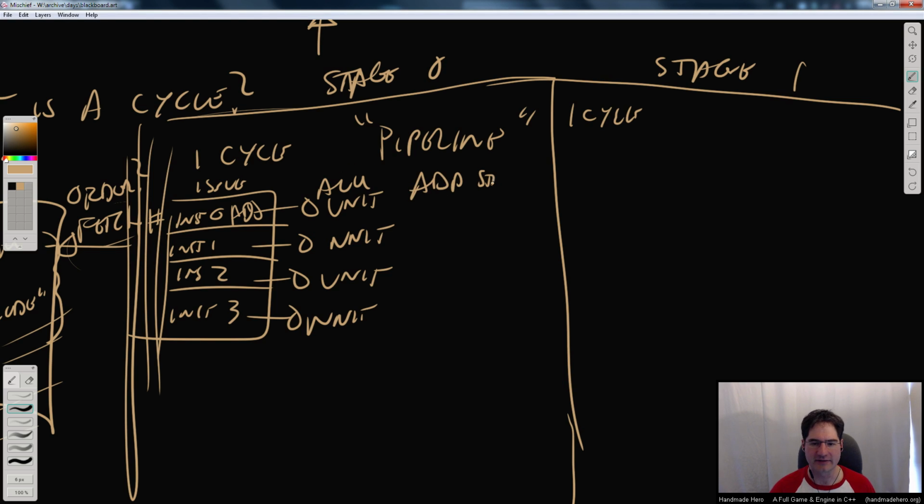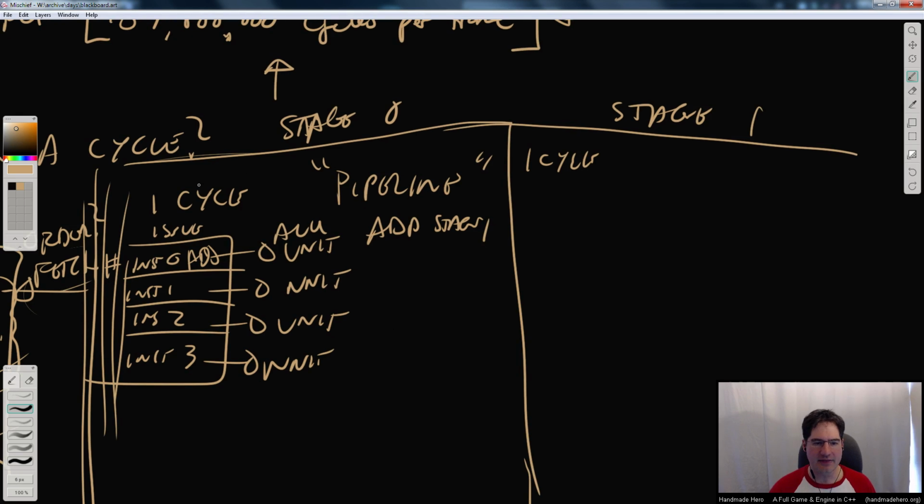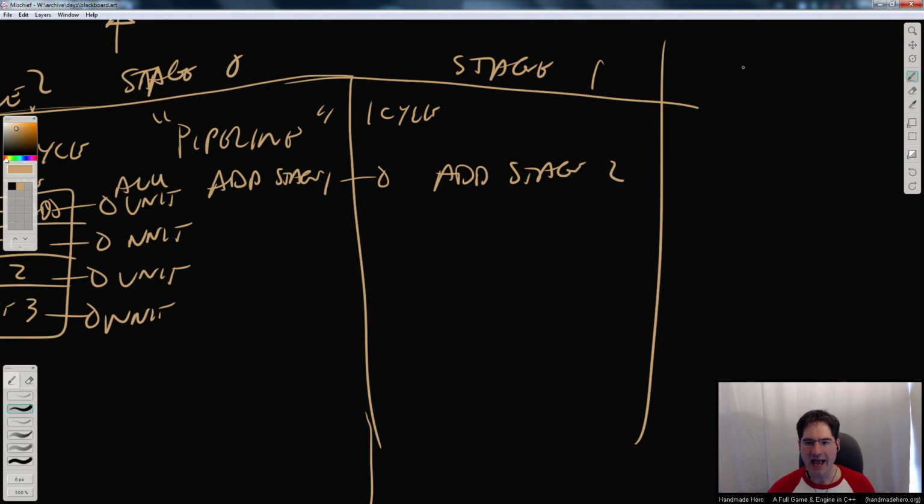And then on the next processor cycle, it's going to move into the next stage of the add, which is going to do add stage 2. And then only on stage 3, let's say, does that actually complete and get written out, right?